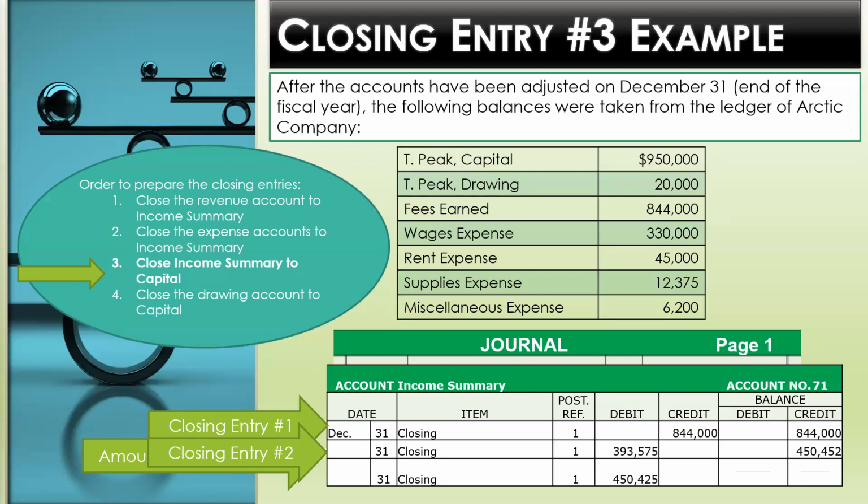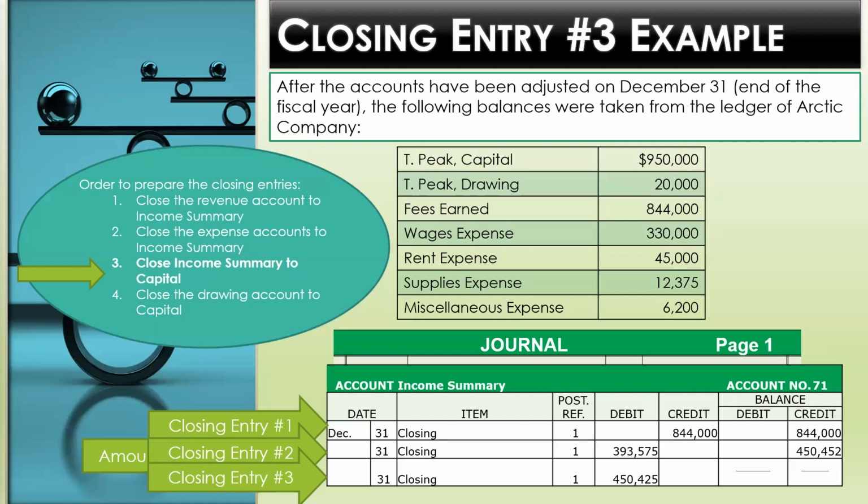So after we debited the income summary account in closing entry number 2, we extended the balance, and then we had a credit balance of $450,452. So we need to close the income summary to the capital account here. In order to close the income summary account, we need to get rid of the balance here, right?